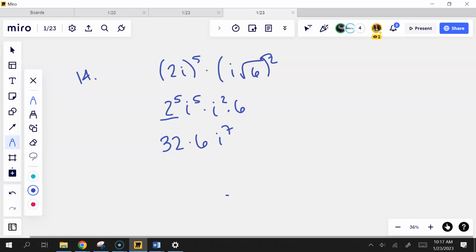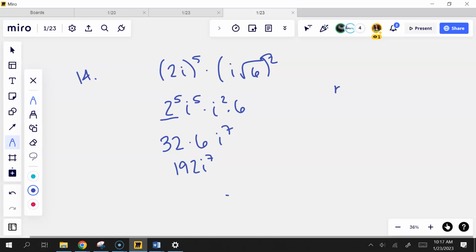All right, 32 times 6. What's 32 times 6? i to the 7th becomes what? 4 goes into 7. How'd you get that? Because I did the little thing. All right, so you divide it by 4, and the remainder tells you which iteration you use, right?